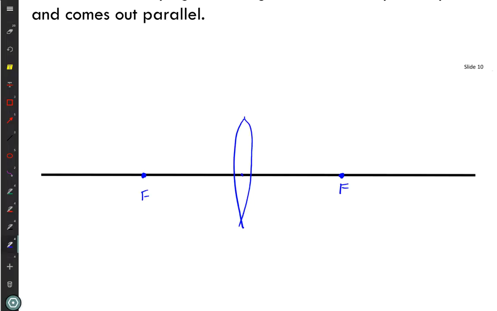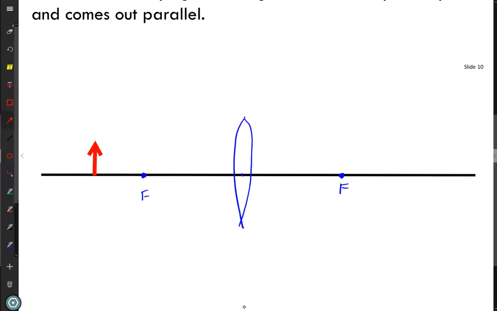And then I'm going to place an object. For physics problems, we draw the object always as an arrow that goes from the principal axis normal, or perpendicular, to that axis. So there's my object, once again, to the best of my abilities.